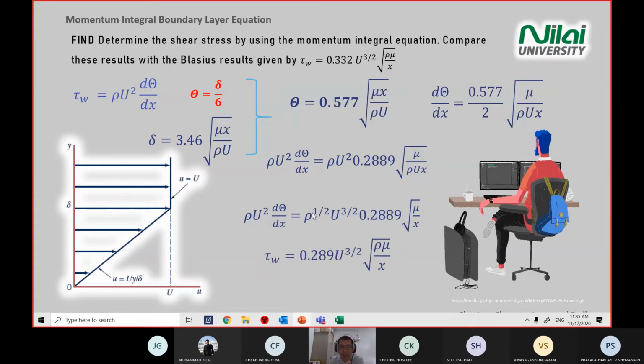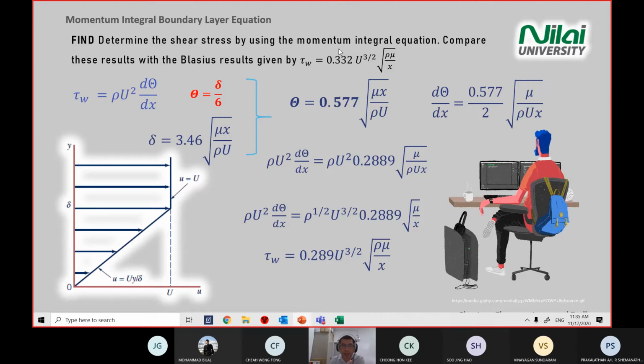Okay, you put rho back into the equation. You will get tau w, the wall shear, equal to 0.289 u to the power 3 divided by 2 square root of rho mu divided by x. Then you make a direct comparison: the one that we built from the momentum integral equation, compared with the Blasius results.